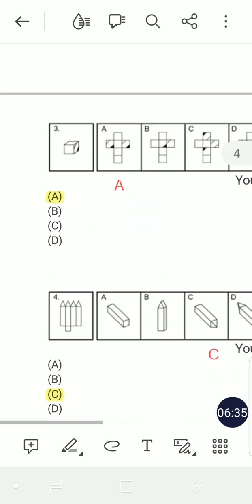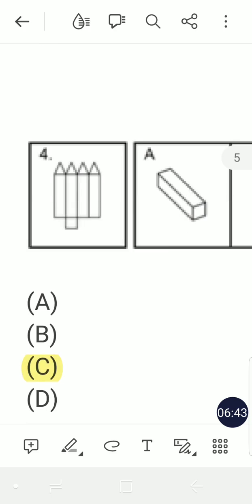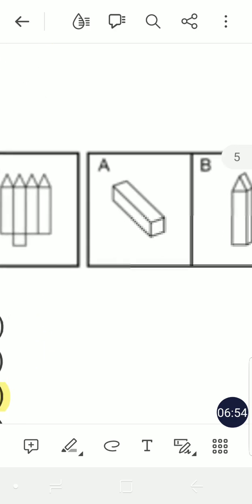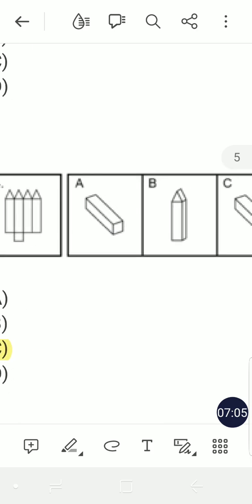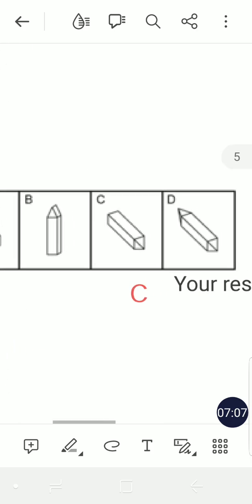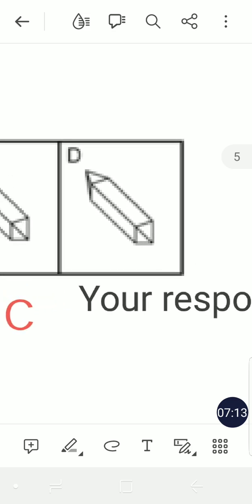Okay, and then question 4, I think this is the easiest one because it's like an elongated pyramid that is closed. So choice A is eliminated because it doesn't have the pointed triangle, the same as B. And D is also wrong because there are 2 pointed tips.